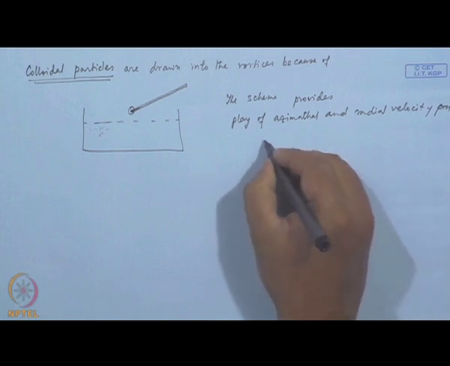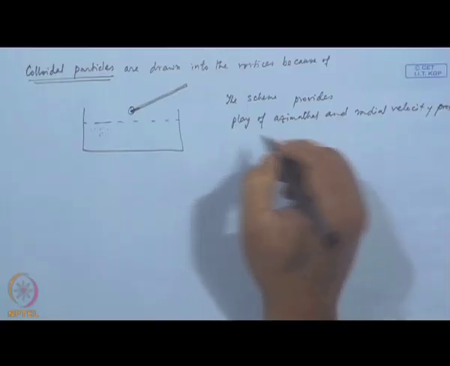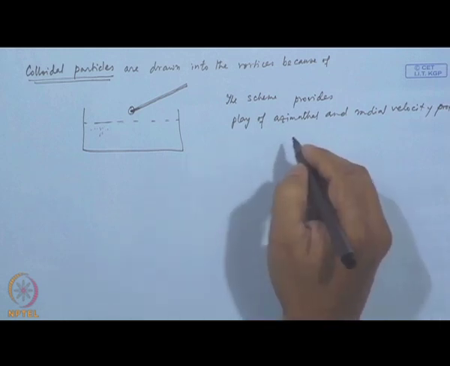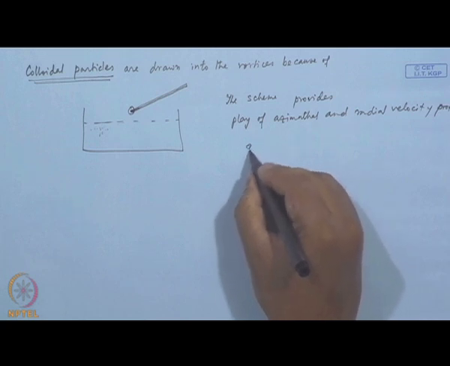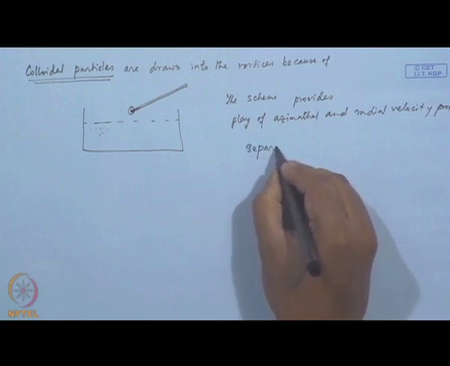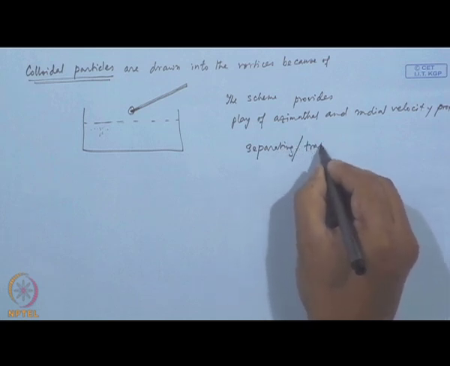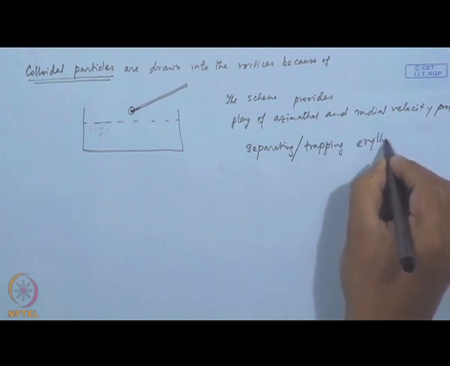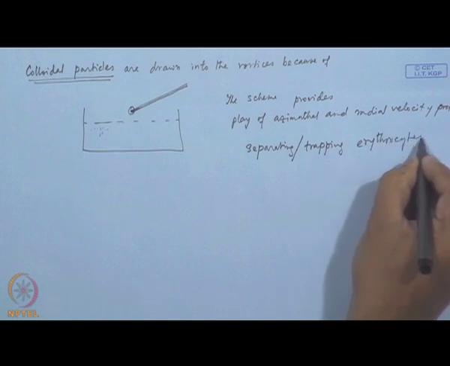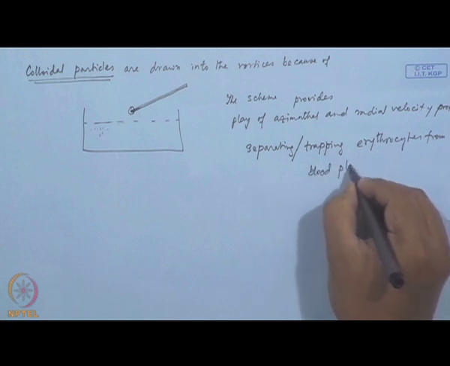So they have control over these helical flow, swirl. I mean, that can be controlled by using these three mechanisms. So they can be very effective in separating, or you can call it separating, or there is a term commonly referred to as trapping erythrocytes, for example, from blood plasma.